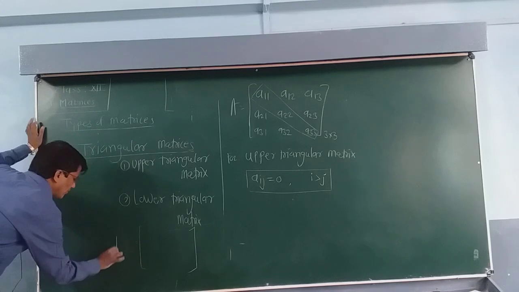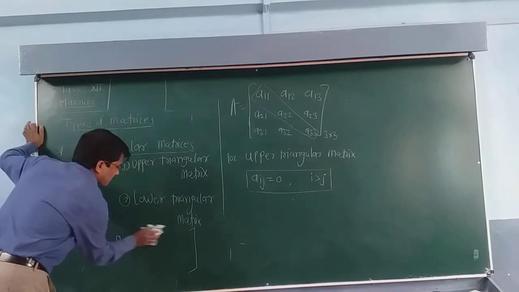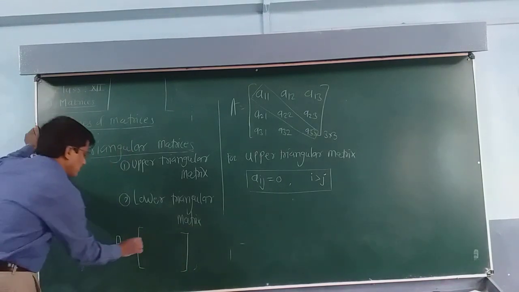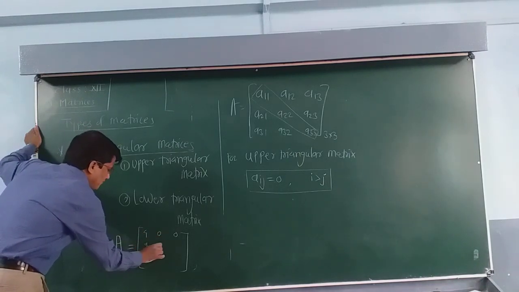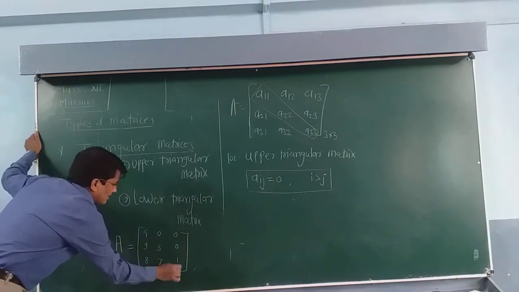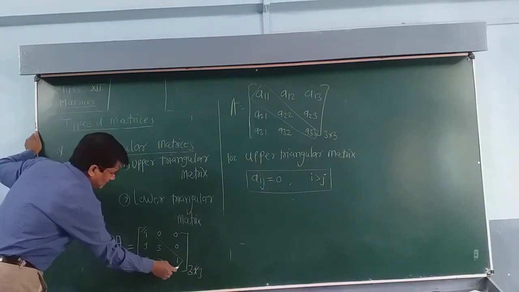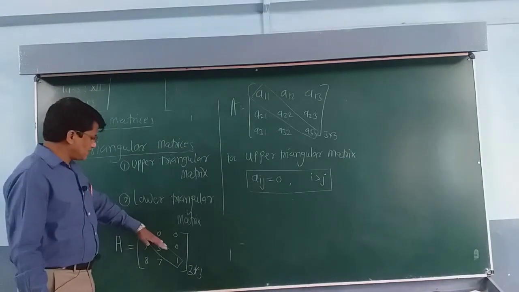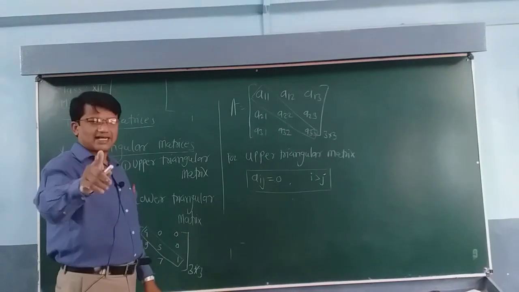Take a square matrix, A equal to 4, 0, 0, 9, 5, 0, 8, 7, 1, order 3 by 3. Look here, these are diagonal elements, but the elements above the diagonal are 0. This is called a lower triangular matrix.